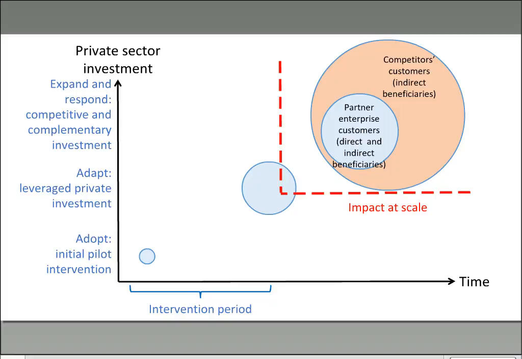But the important thing is that at each stage, moving up this y-axis in the diagram in front of you, and expanding the circle, the bubble on the top right corner, requires increasing levels of private investment, both by firms and by target beneficiaries. And this is why we think that we do a bit of our own adaptation and borrow from the world of commercial investment management.